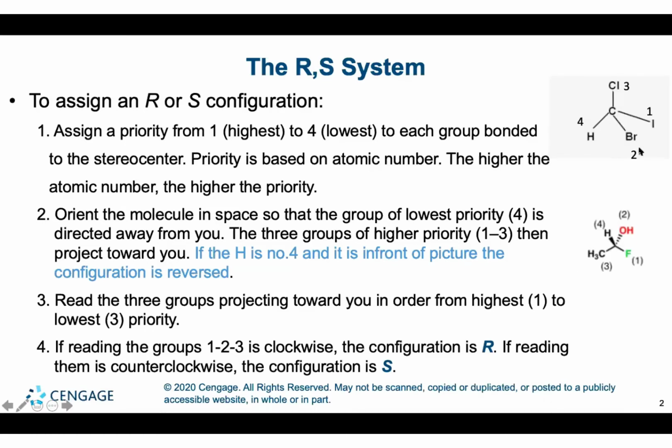For this molecule, you see that we have fluorine, OH, hydrogen, and CH3 around the carbon. So we start assigning the priority groups. Here, fluorine is the highest priority.